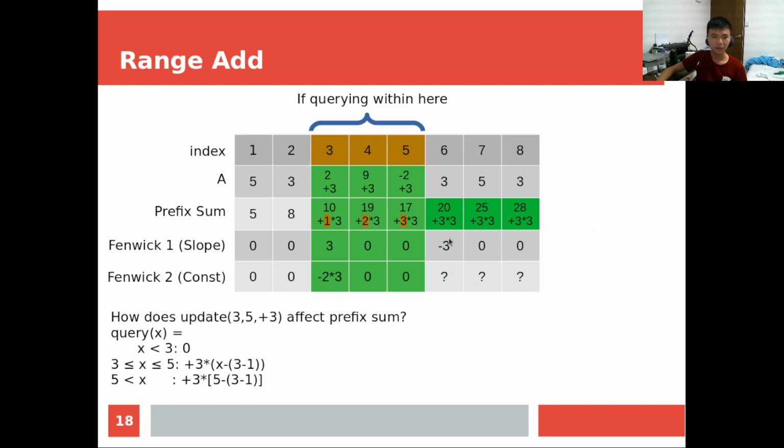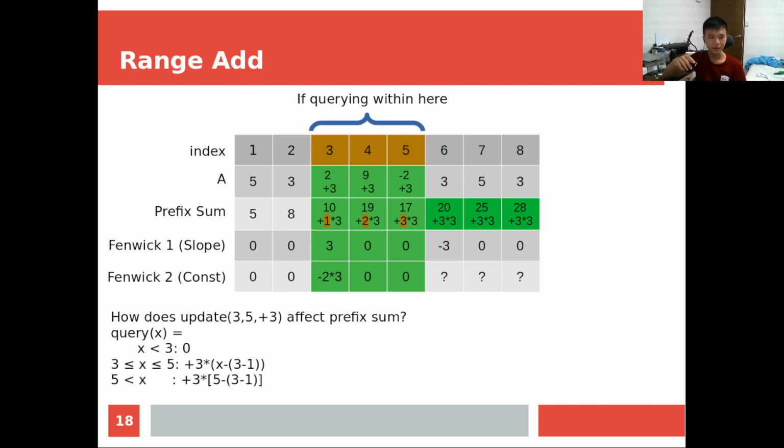So how do we know a value to add at 6? To figure it out, we do a bit of math, and this is also often the series of math steps that you will see in blogs. The question that we are actually interested in is how does the range update from indices 3 to 5 of a value of plus 3 affect the prefix sum? The answer is that it depends on the index.